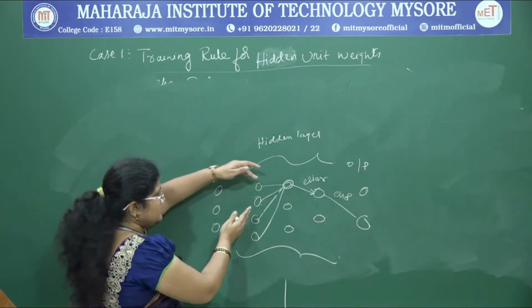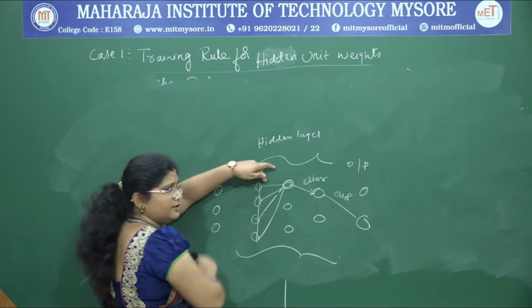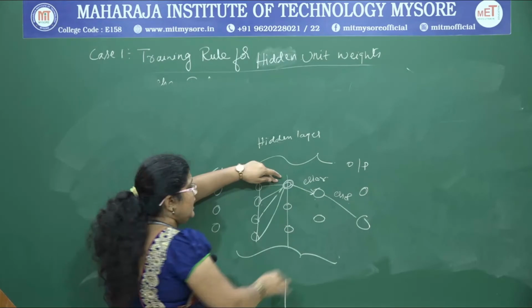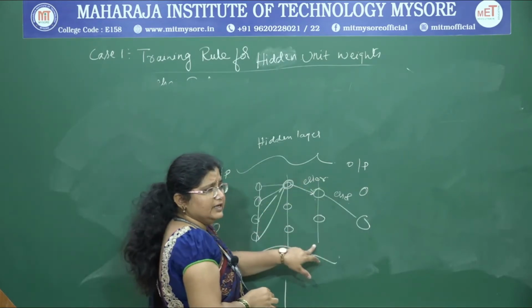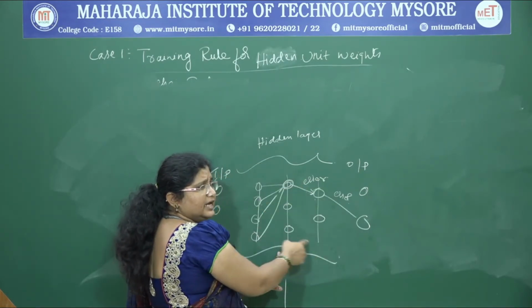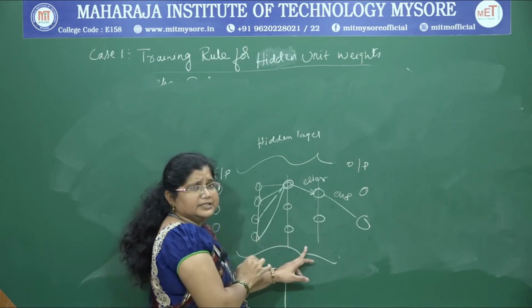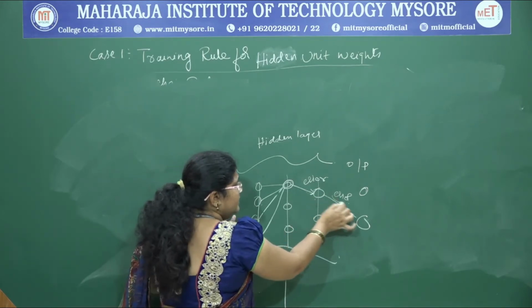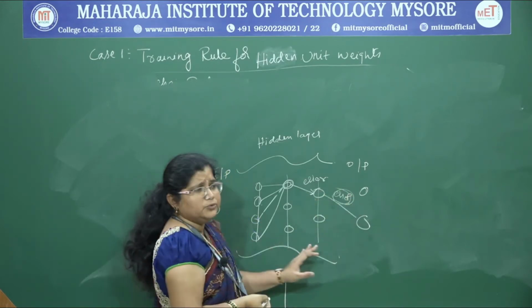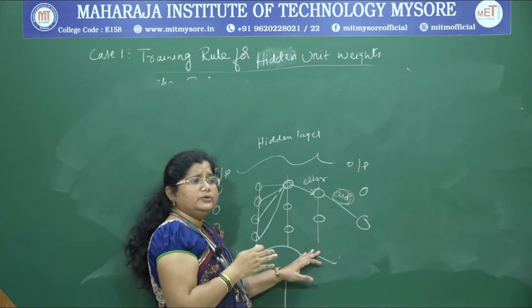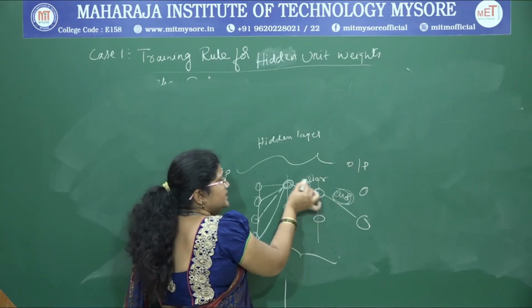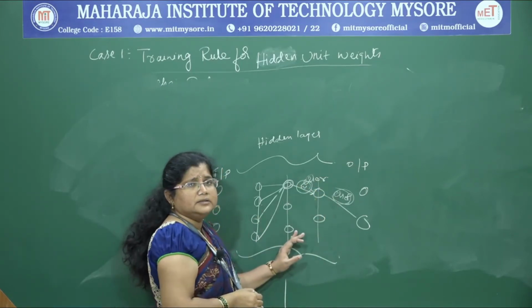Suppose this is the first layer of hidden, next the second layer of the hidden layer, and this is the third layer of the hidden layer, because three layers comprise the hidden layers. When we find the error in a jth unit, we try to update the weight which is present in this particular part.